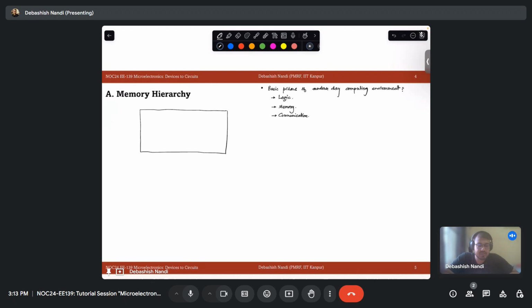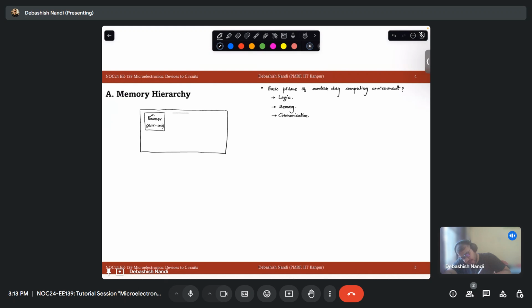You must be aware of these things. So these are the basic three things which you still require in today's computing environment: logic, memory, and communication. If you see any block, you will see a processor unit, your microprocessor unit, and let's say, for the sake of it, we write it as multi-core.